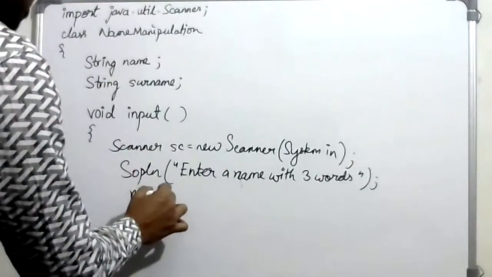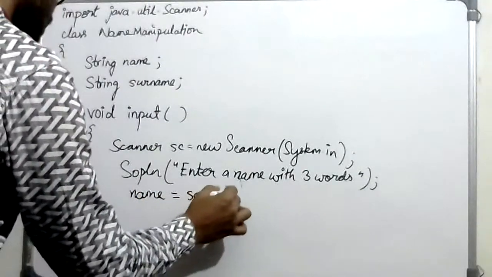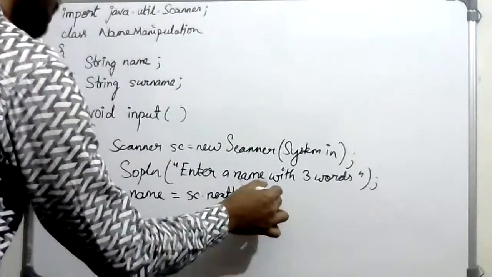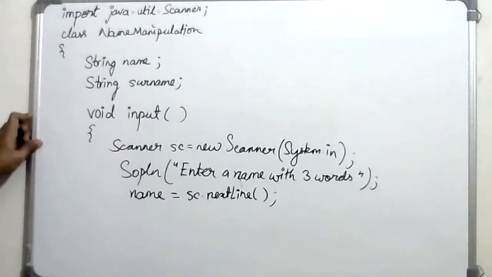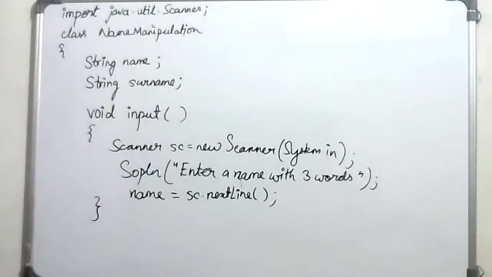So name is equal to sc.nextLine(). Multiple words, so nextLine function. And that's the end of our void input function. So it's just the normal input function that we usually write.